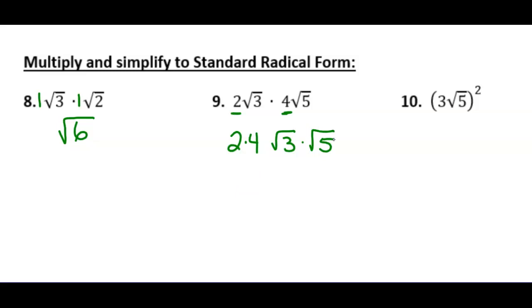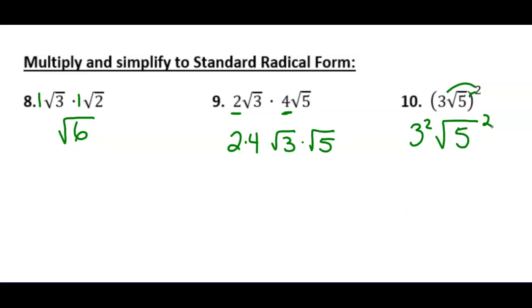Now, number 10 is a little bit different. We're going to apply our rules that we had for chapter 7 on this one. So I'm going to distribute this 2 in. So I'm going to get 3 squared times the square root of 5 squared. Okay? Now here's what's really, really cool.